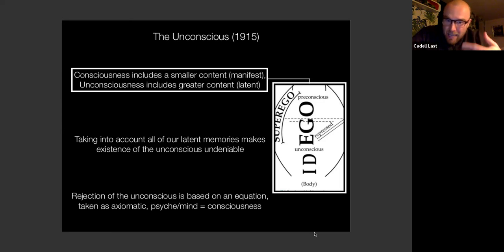Again, I think this has enormous political and spiritual consequences. The rejection of the unconscious, reflecting what I said in the previous slide but stating it explicitly, is based on the equation, taken as axiomatic, that the psyche equals consciousness, or the mind equals consciousness. So you want to think about the psyche or the mind as the dominant category that Freud is using, the all-inclusive concept, and consciousness as actually peripheral.